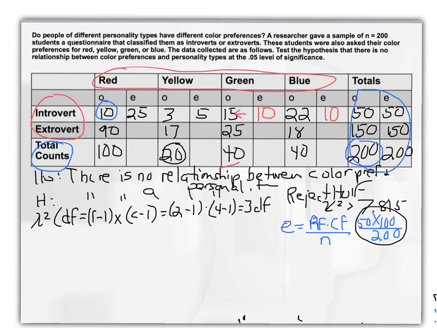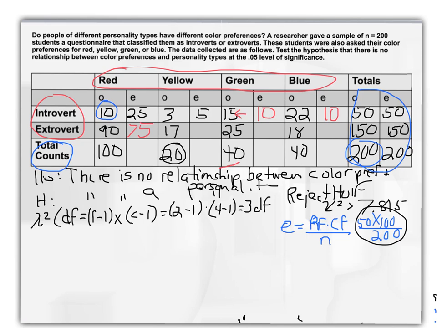Now let's do the same thing for the extroverts. The row total is 150 for the extroverts, times the column total in the red area, which is 100, and I divide that by 200. If I multiply 150 times 100 and divide by 200, I'm going to get an expected total of 75.